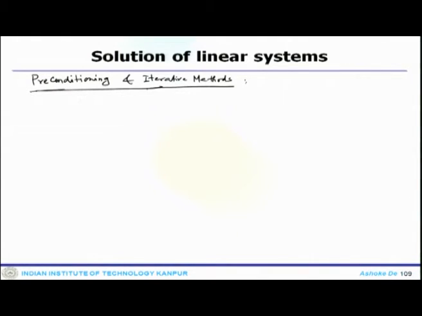Because the rate of convergence of the iterative methods heavily depends on the spectral properties, the radius of the iteration matrix B. So the dependency on rho B is heavy.